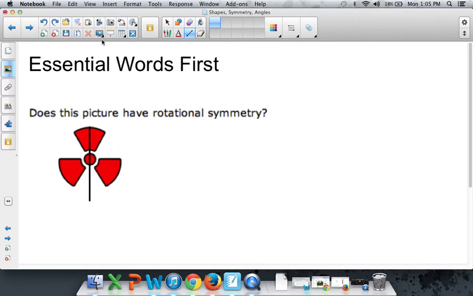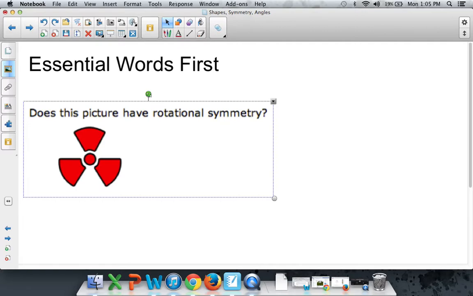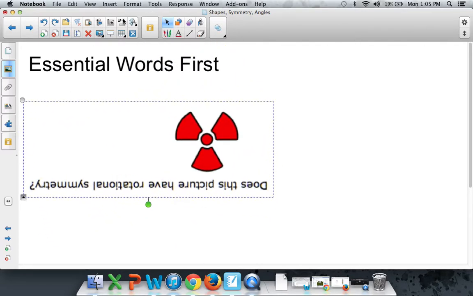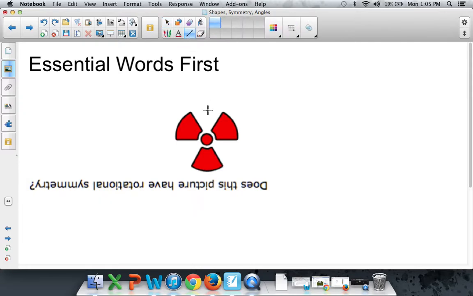That's symmetry. So rotational symmetry is if you can rotate the shape and it still has the same kind of symmetry. So I click it, I rotate it, whoop, I flipped it all the way upside down. I use this line tool, and I draw a line right through the middle. That was a good one.